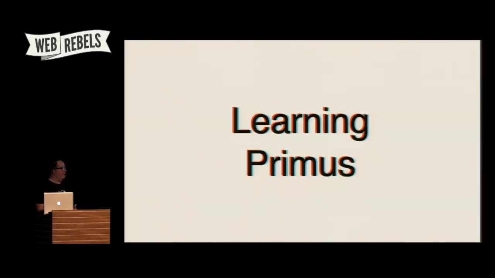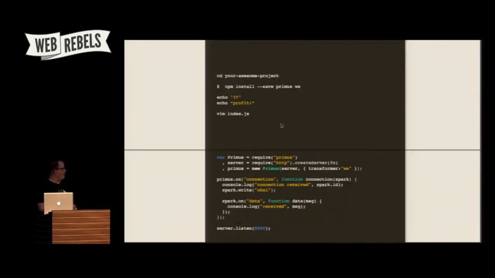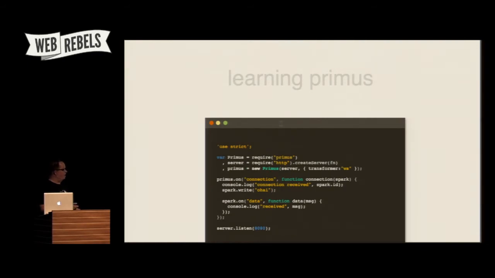Learning Primus is really easy. You just install Primus together with the module or the framework that you want to use. And that's it. The second thing you're doing is creating a regular HTTP server, supplying it to Primus. You can optionally set the transformer to WebSockets, which is the default.